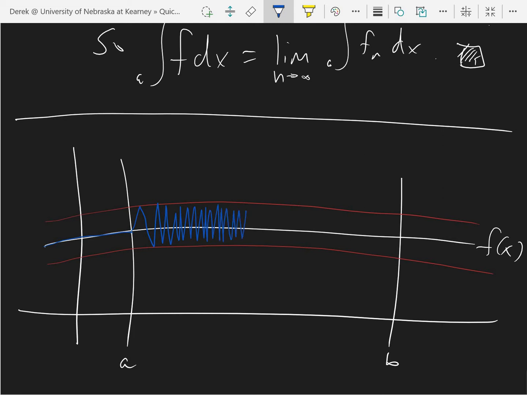Now maybe this is smoothly differentiable, but the derivative is pretty crazy in there. Maybe this is f sub n, and when I go to the next one, I've shrunk my envelope down a little bit, but I get just as crazy, but still differentiable.